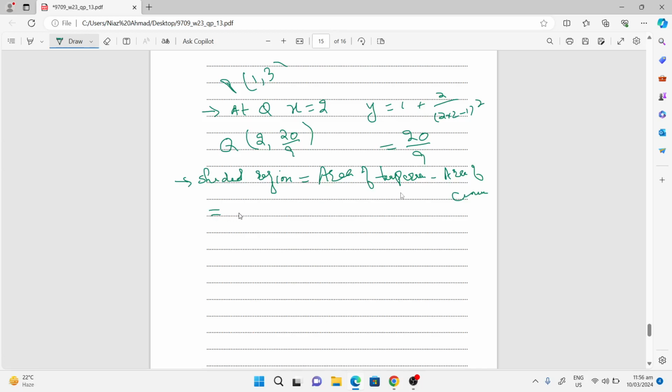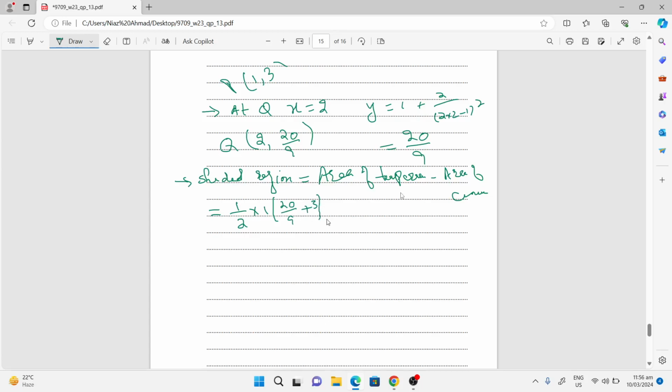So look, area of trapezium is 1 over 2 into height into sum of parallel sides. Height is 1 and the parallel sides are 20 by 9 and 3.